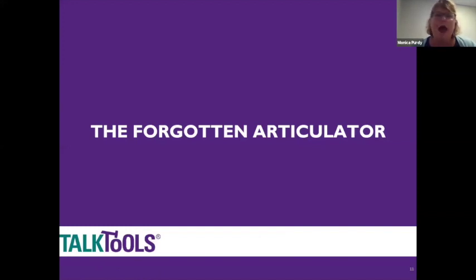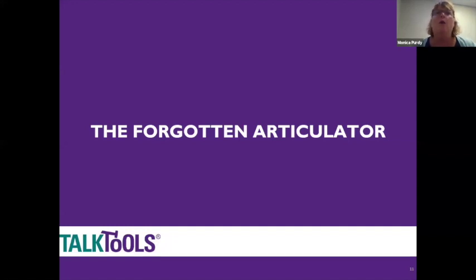The teeth don't have anything to do with it. Yes, they will help you have a little bit clearer speech, but somebody who doesn't have teeth can still have clear speech. Somebody who doesn't have teeth can still eat. That's where the term gummet came from.